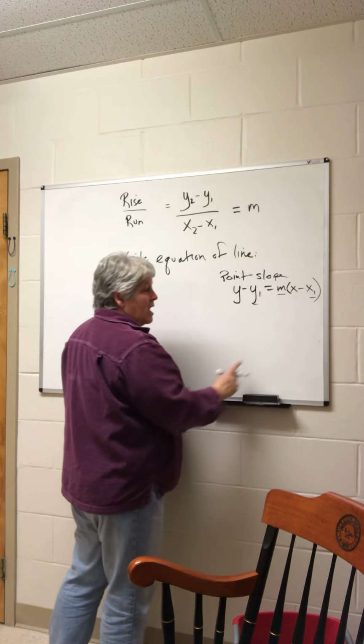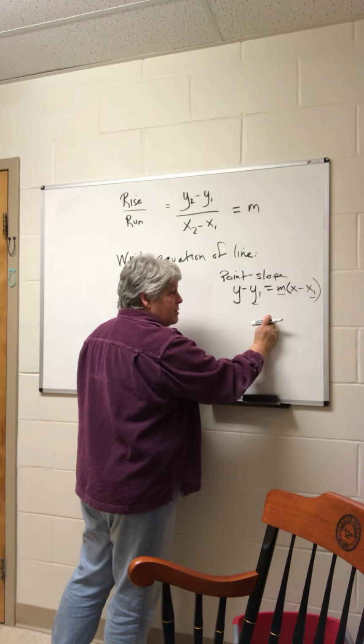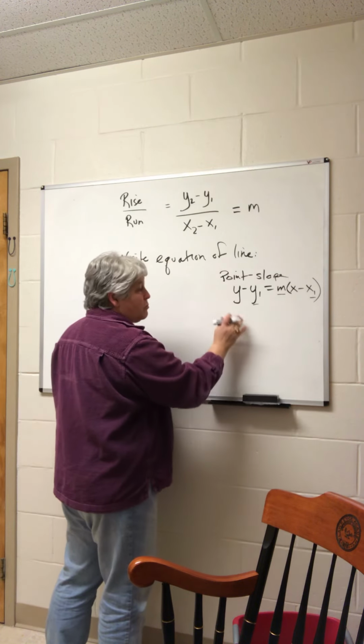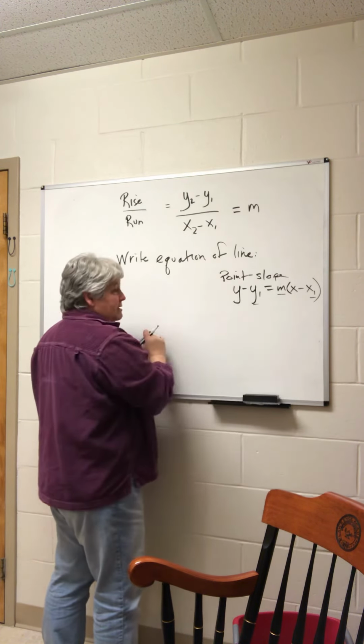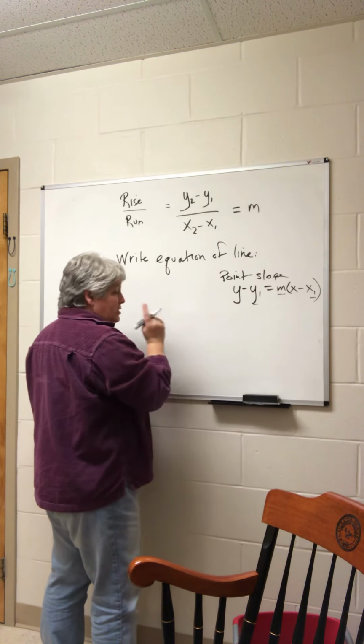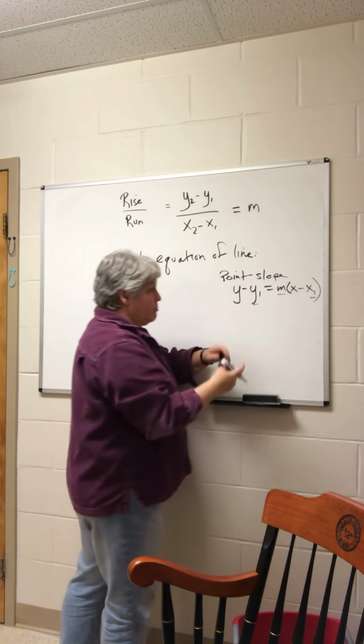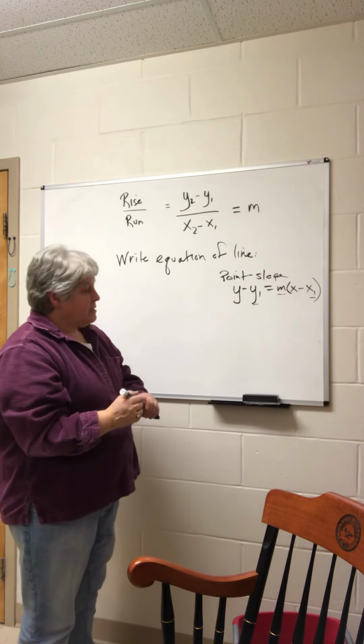And you use this every time you have a point and a slope, or maybe when you have 2 points and you have to first calculate that, but then that goes in for m. And you choose just one of your points to put here. You don't put both sets of points in there.